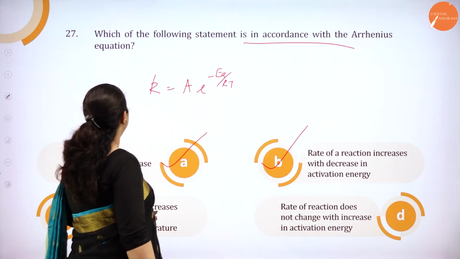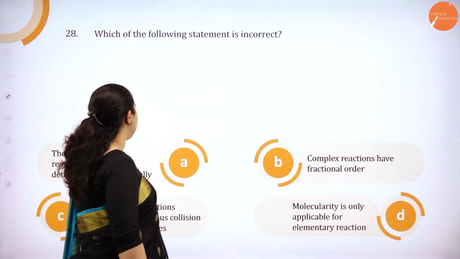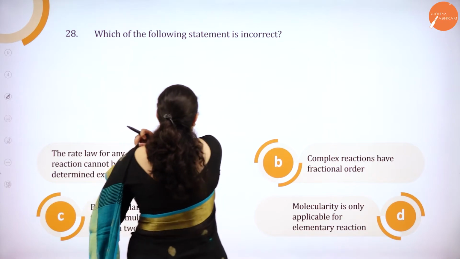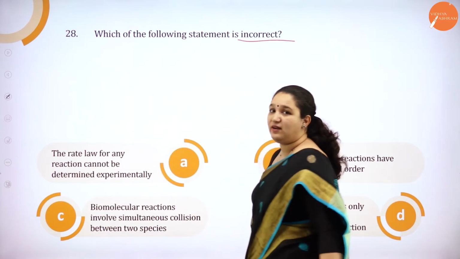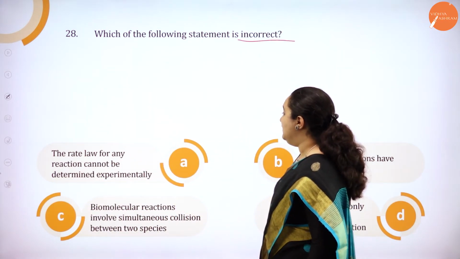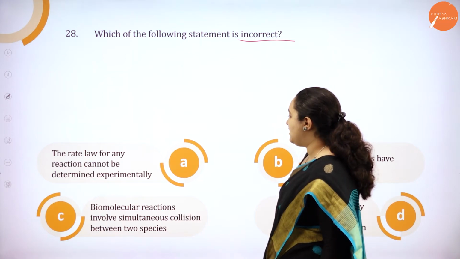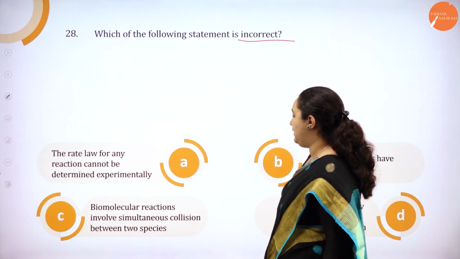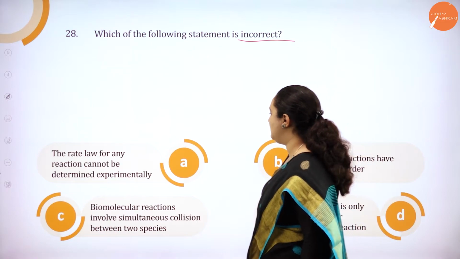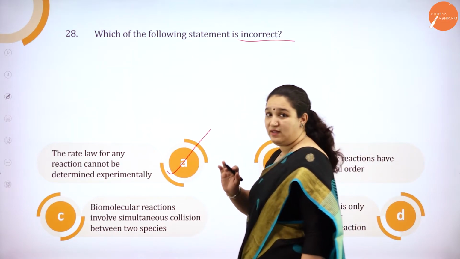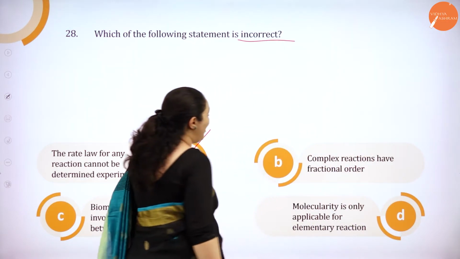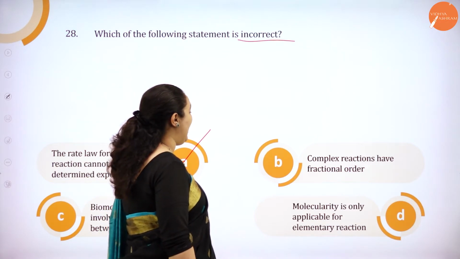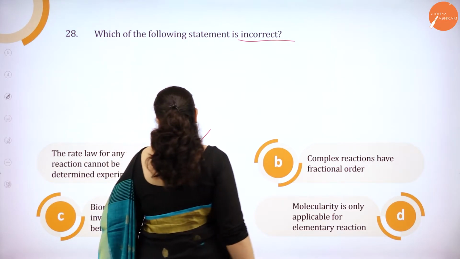Okay. Next question. Which of the following statements is incorrect? What is it? Incorrect. We have to find which is wrong. The rate law for any reaction cannot be determined experimentally. This is the one which is wrong. But we'll read the other options also. Option B, complex reactions have fractional order. It can be.